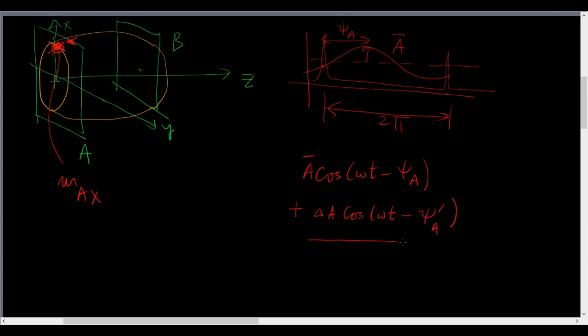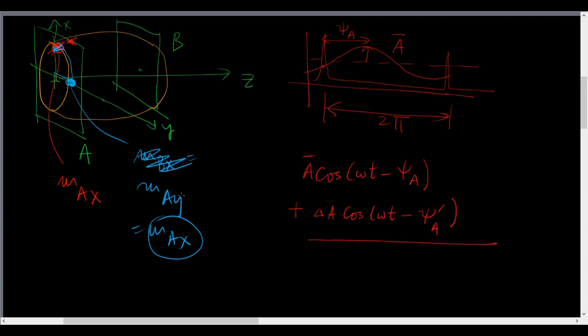Now my point is that, because of the symmetry, if I had instead not put the mass here but I had put it here, okay, MAY equals MAX in magnitude or in size, but location is different.